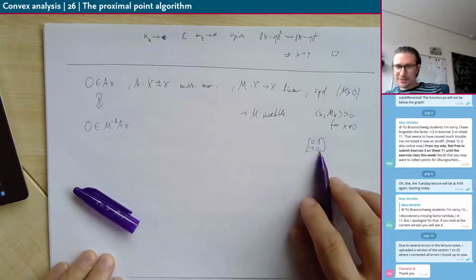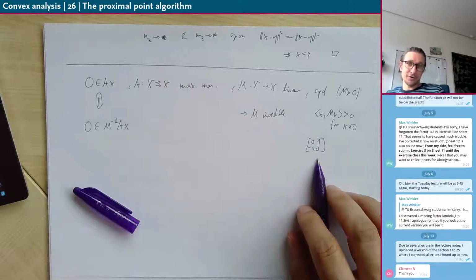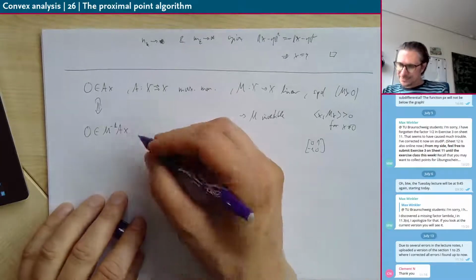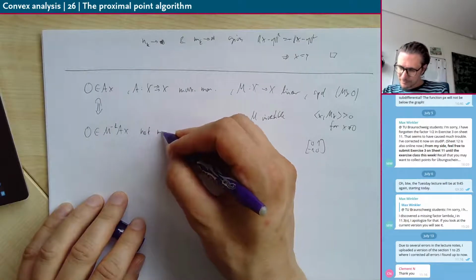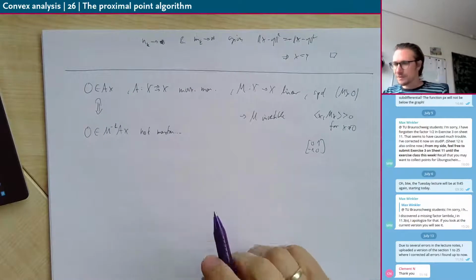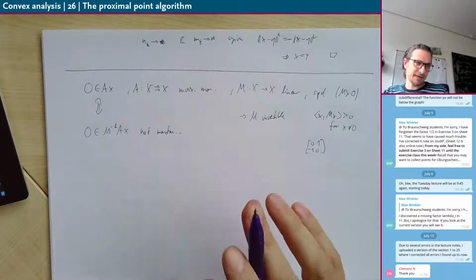So this squared here is the negative identity, and that's not monotone at all. So multiplying monotone operators doesn't give you a monotone operator again. And even multiplying two symmetric matrices doesn't give you a symmetric matrix, by the way, so this doesn't hold either. So it's not monotone anymore. In general, of course, if M is the identity, then it is, okay, but anyway.